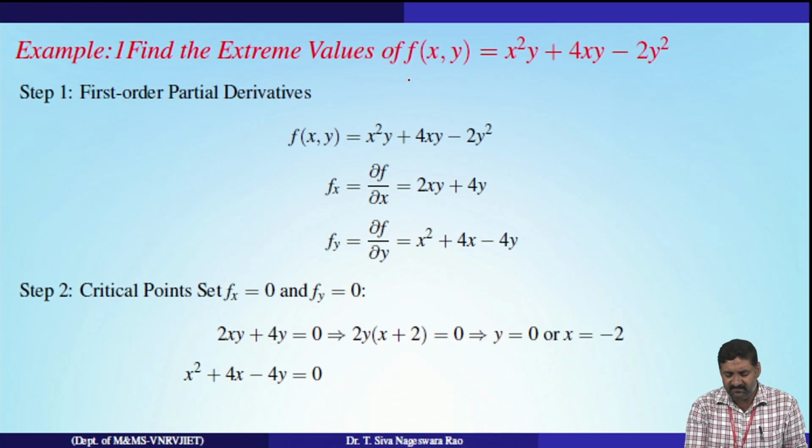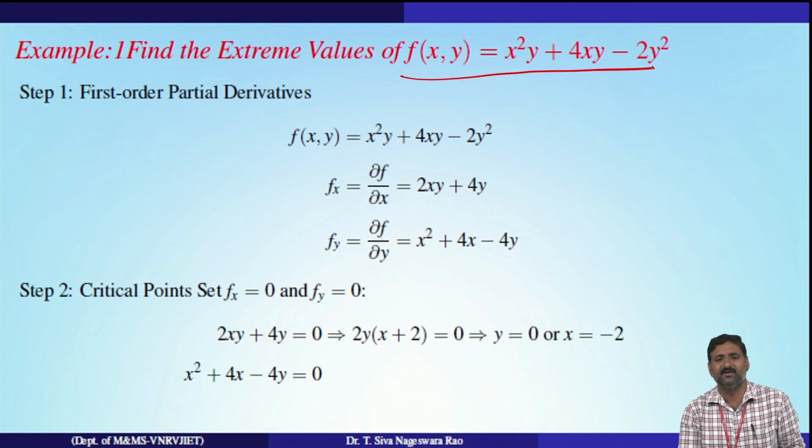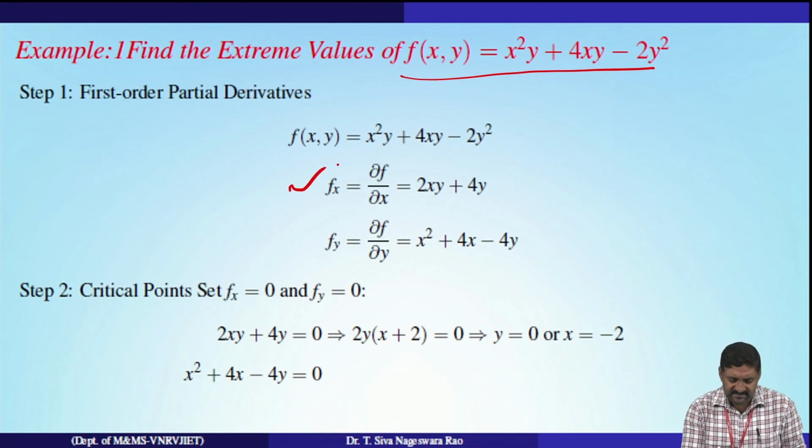Now we will see one example. Find the extreme value of f of x comma y is equal to x square y plus 4xy minus 2y square. First, we apply partial derivative to f with respect to x and with respect to y. That is, fx is equal to dou f by dou x.